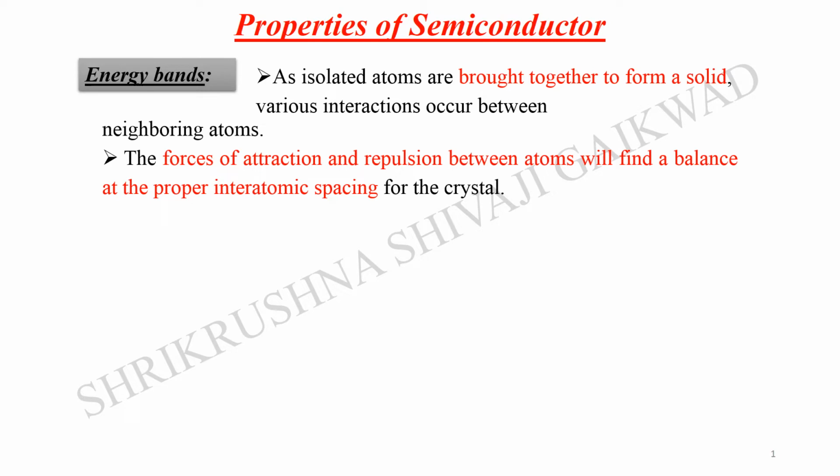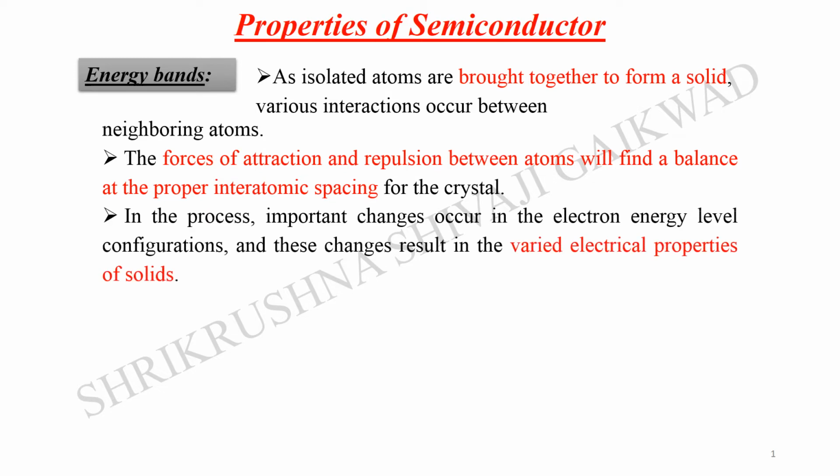There might be forces of attraction as well as repulsion. Not only the attractive forces will come into the picture, but also there will be repulsion. After certain distances, the atoms will try to repel each other, and to form a solid, they will find a balance at a proper interatomic spacing for that particular crystal to form.